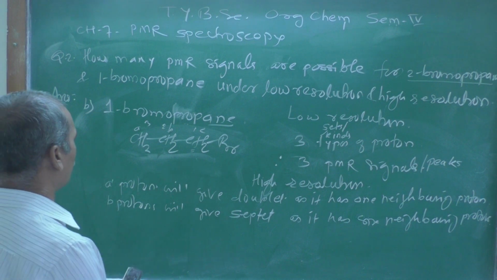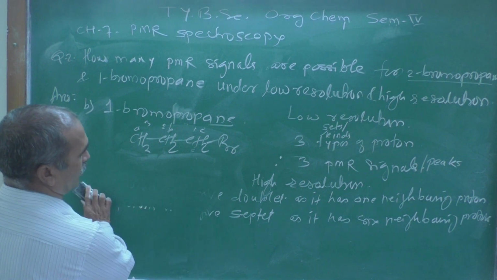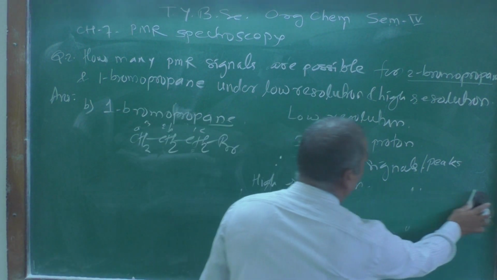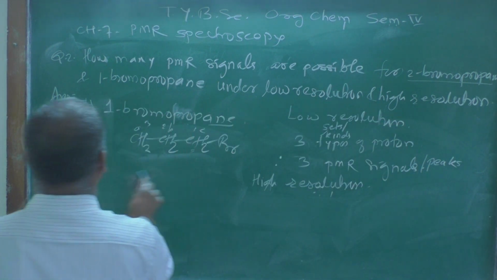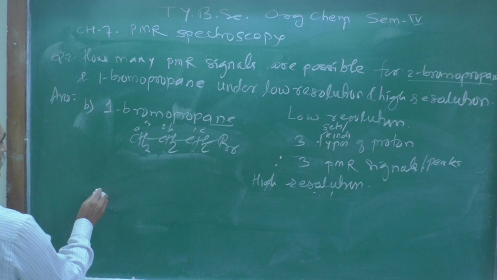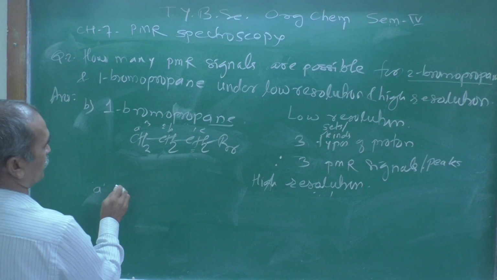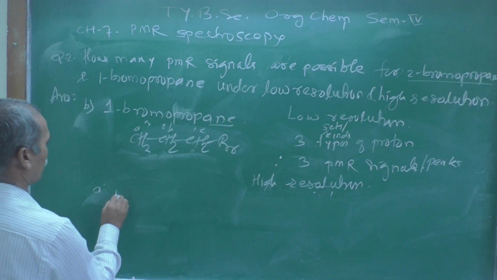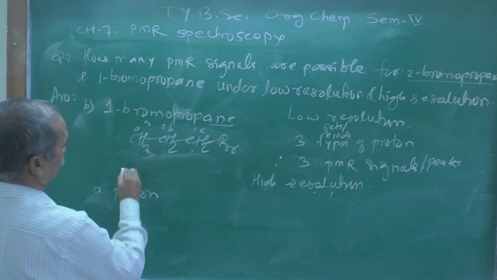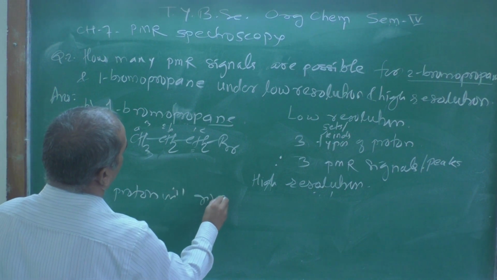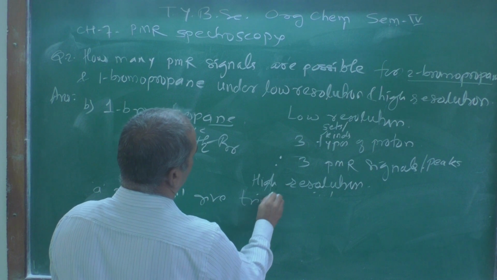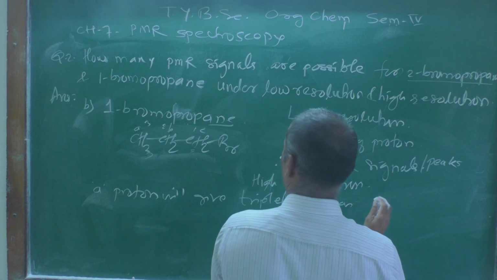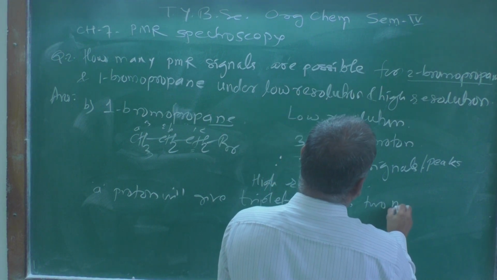Now at high resolution, A protons will give a triplet as they have two neighboring protons.